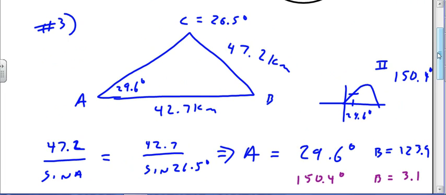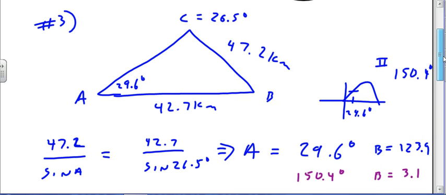So now the issue is number 3. A and C are going to be about the same.